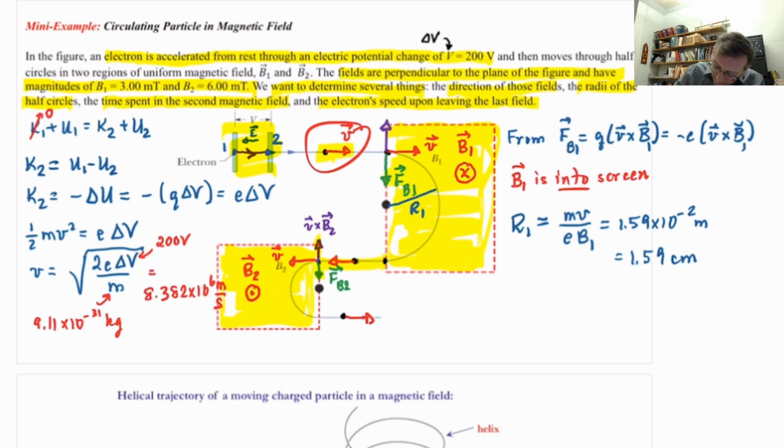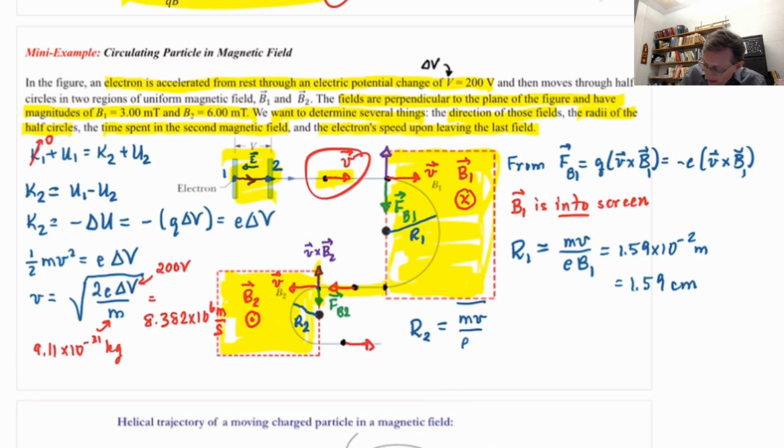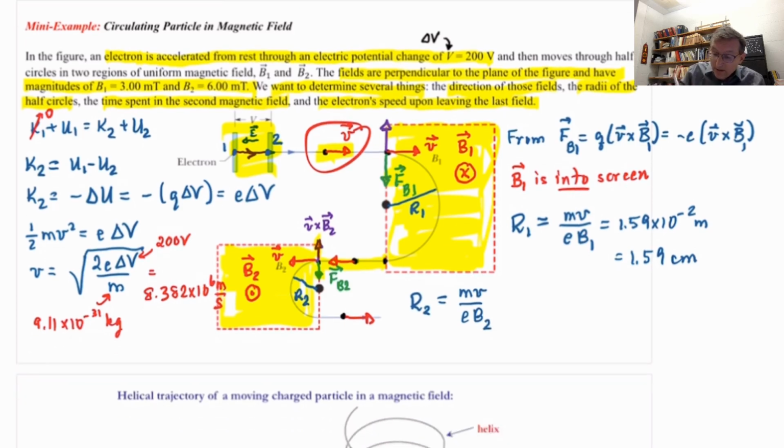And then, of course, I have a half circle here with some radius R2. And I can go straight to the formula for calculating that: mv over eB2. Okay?